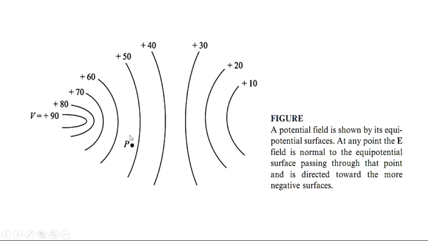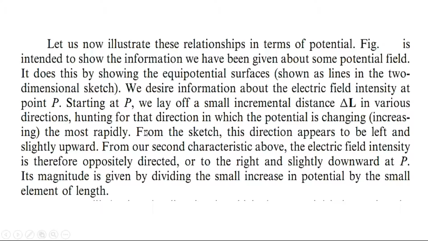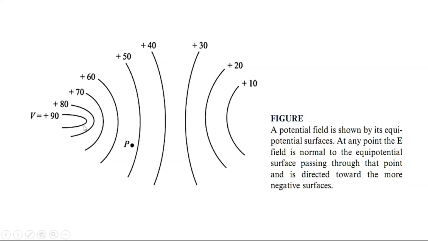Lay off the small incremental length del L, hunting for that direction in which the potential is increasing the most rapidly. From the sketch, this direction appears to be left and slightly upward. This is actually the left direction.